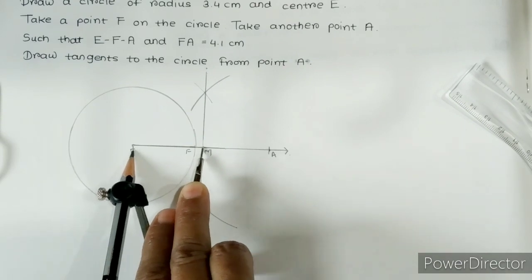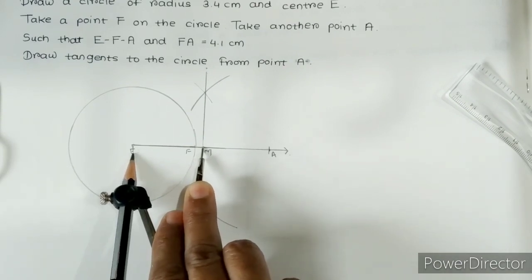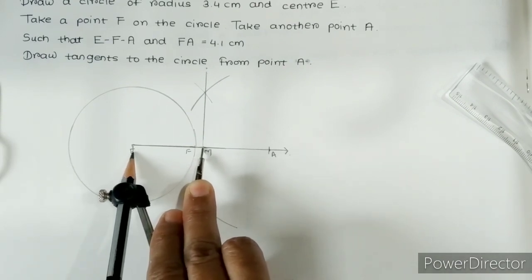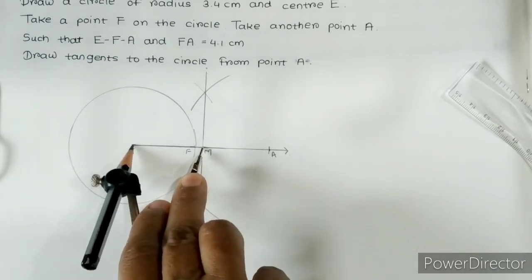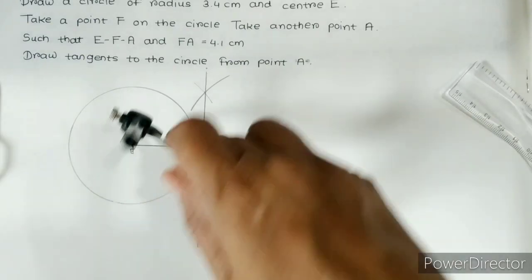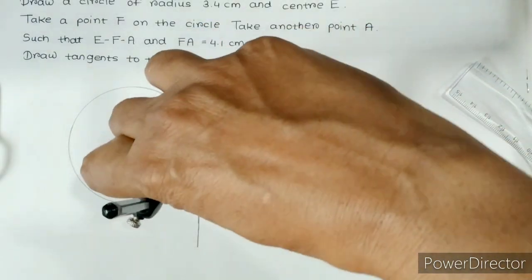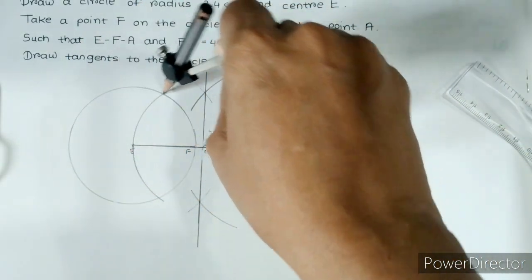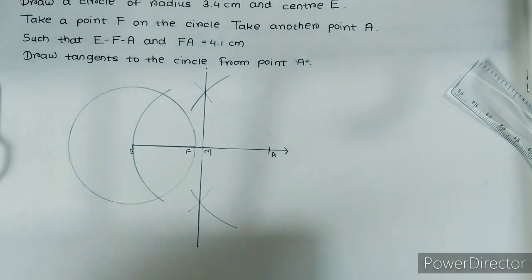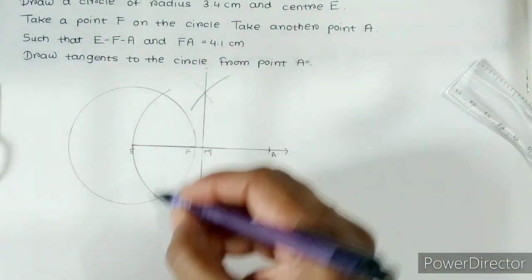Now placing the steel tip at the midpoint of EA, that is point M, take distance EM between the tips of the compass and draw arcs. This arc intersects the circle at 2 points.